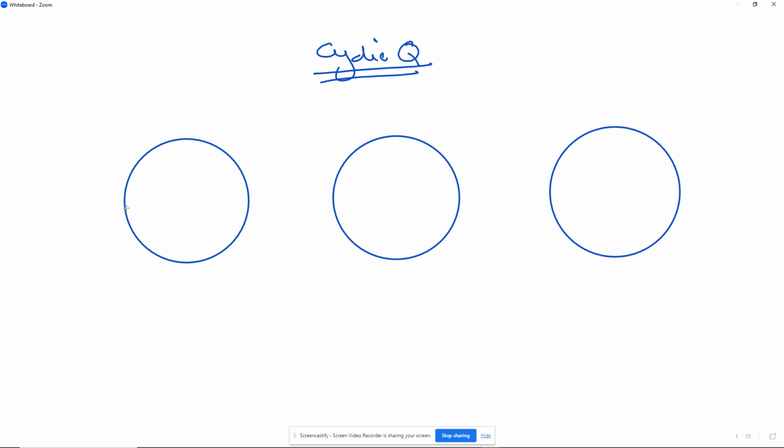So if I draw a four-sided figure, which is a quadrilateral, inside a circle, where every single corner touches the outside of the circumference, it forms what is known as a cyclic quad.